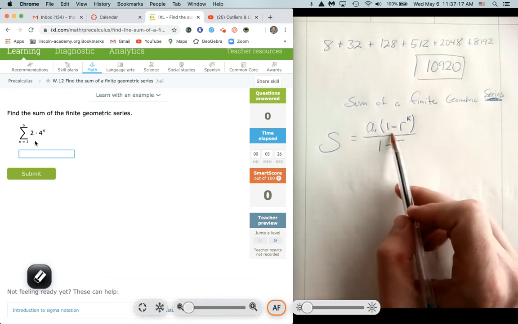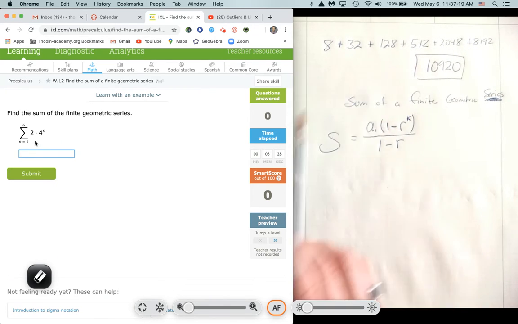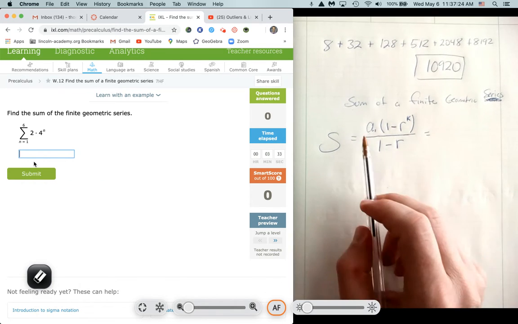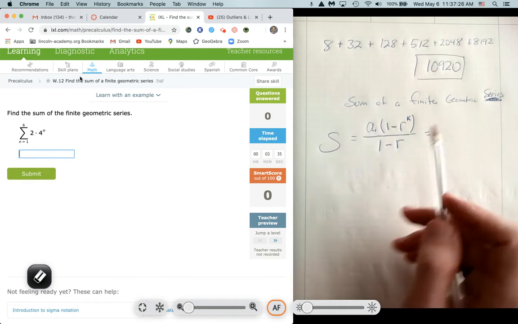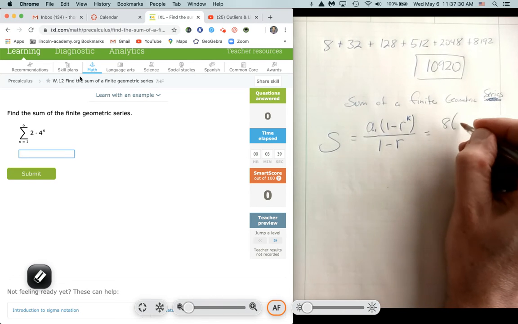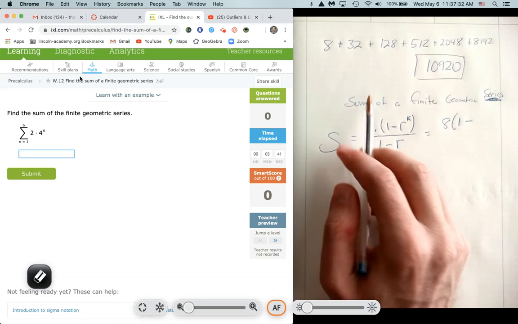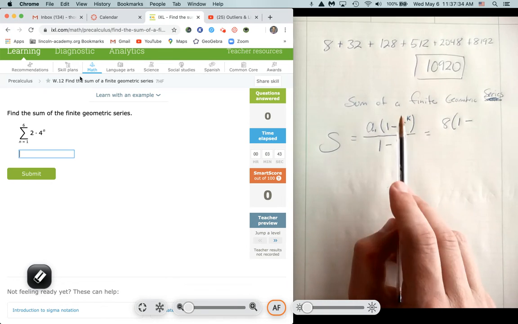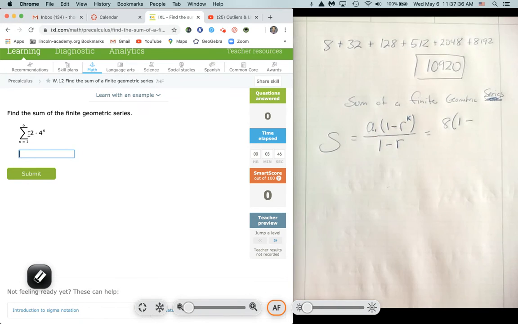So let's do that with this sequence, the one I have here, to see if we get the same number. So for this sequence, the first term again was what? First term was 8. I'm going to multiply that by 1 minus, now again, what am I multiplying by? What's my common ratio? Well, I'm multiplying by 4. It's the number that has the exponent in the formula.